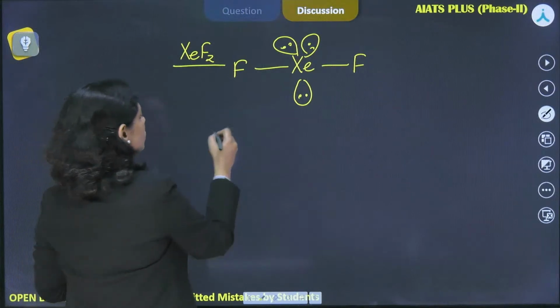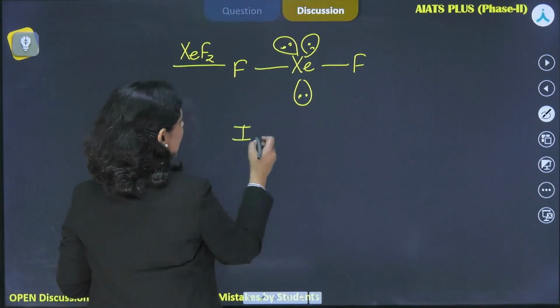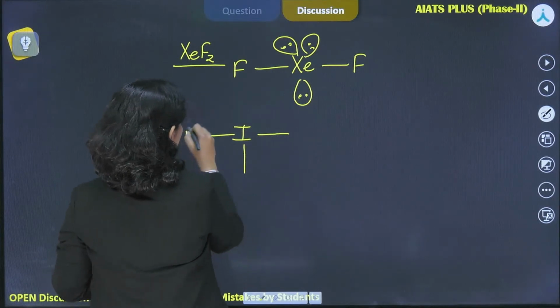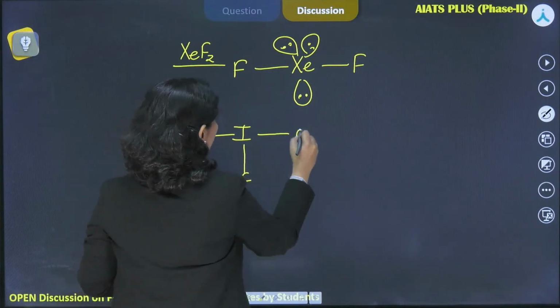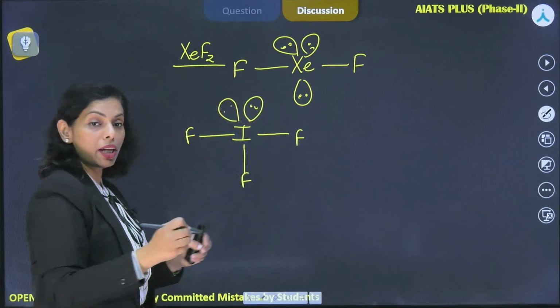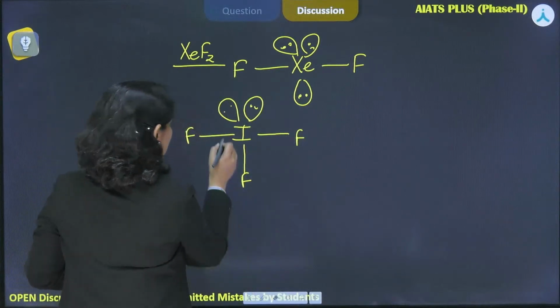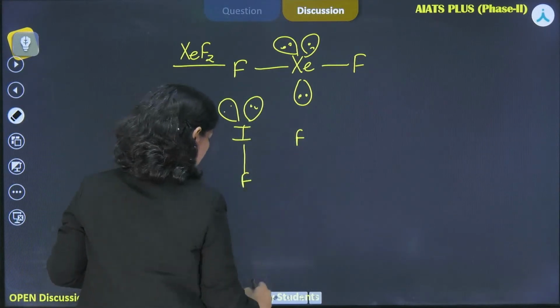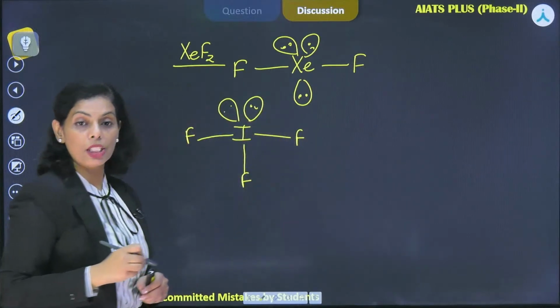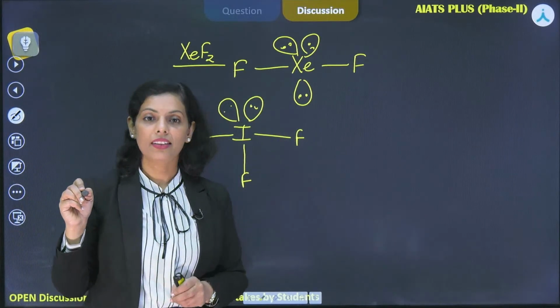T-shaped. So, the centrally located I, do you know one more thing happens here? Because of the lone pair repulsion, this gets slightly bent, VSEPR, right?